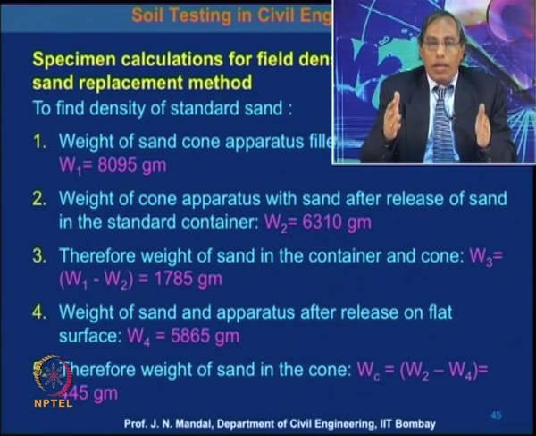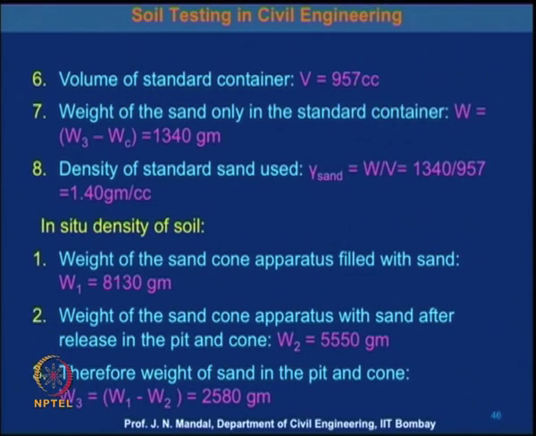So, I am just focusing here on some calculation for field density test using the sand replacement method. Now, you know the volume of the standard container, and that is very standard, the volume is equal to 957 cc.